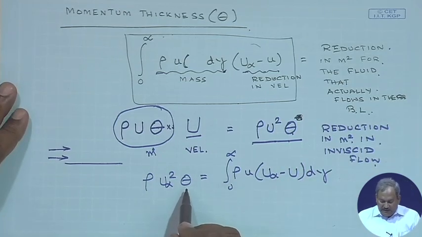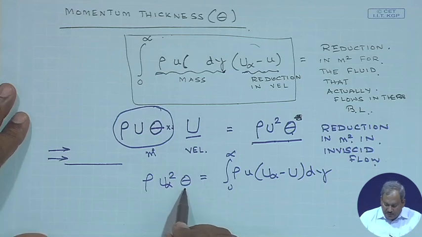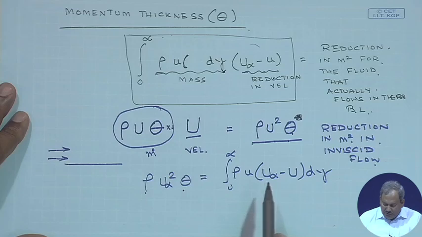So, theta is termed as the momentum thickness when the reduction in momentum flow in an inviscid flow case is equal to the reduction in momentum of the actual mass flow that is taking place in a viscous boundary layer.